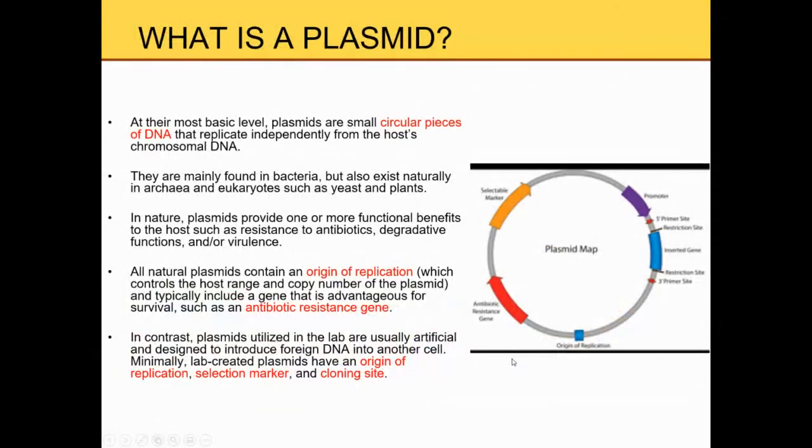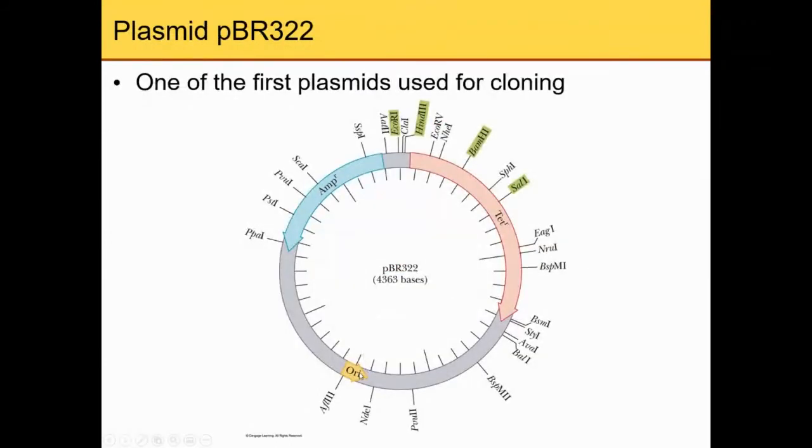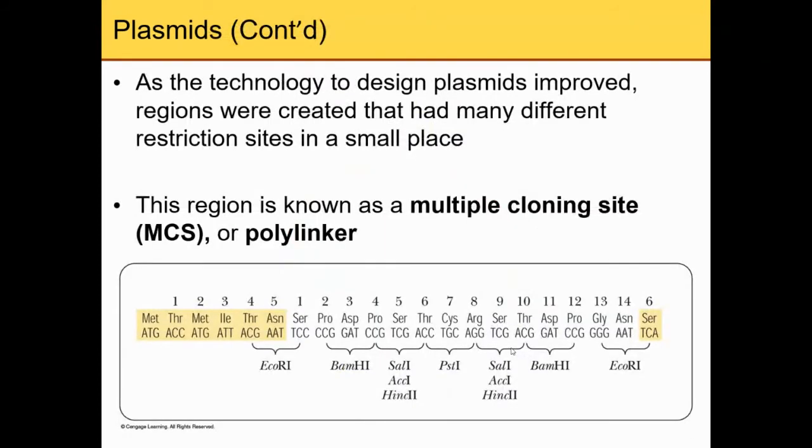Okay. So the plasmid is a small circular piece of DNA, all right? And then you need to have the origin of replication, the antibiotic resistance gene, all right? And these multiple cloning sites, okay? So this is the overview of the plasmid that you can use to clone a specific DNA and then bring to the cell for transformation.